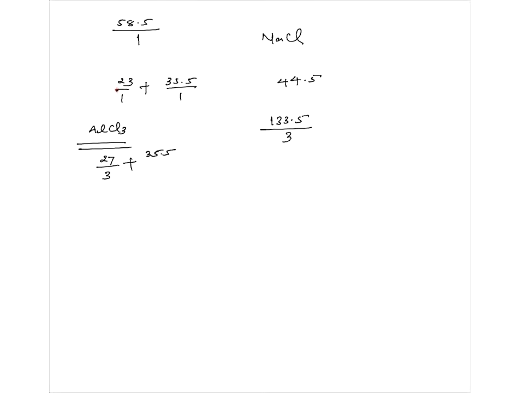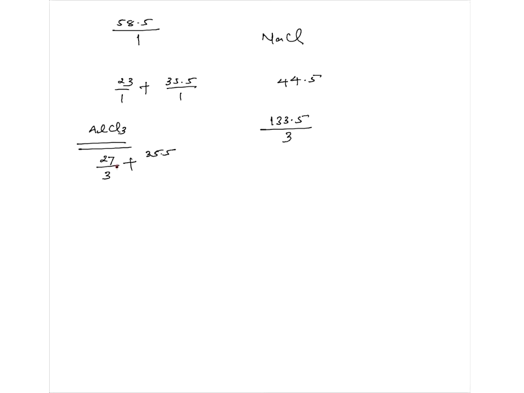How does one find the equivalent weight of, say, cationic part? Its mass of the cation divided by the charge on it, 23 by 1. Then anion, mass 35.5 divided by 1. Add the two. You will get the same answer.